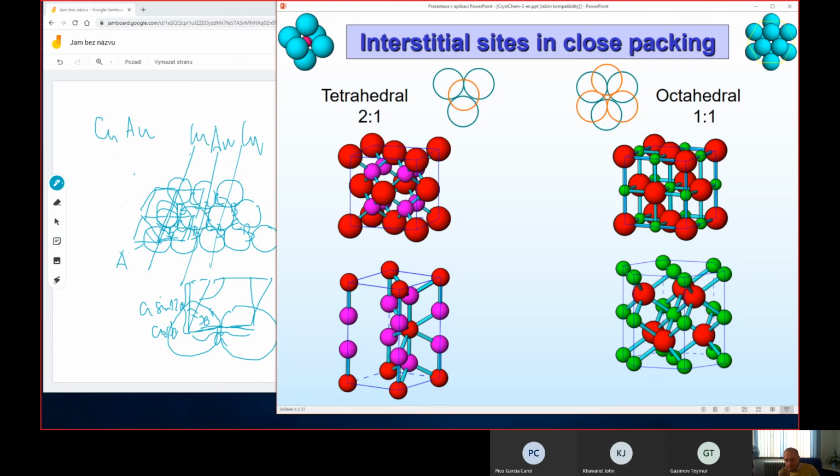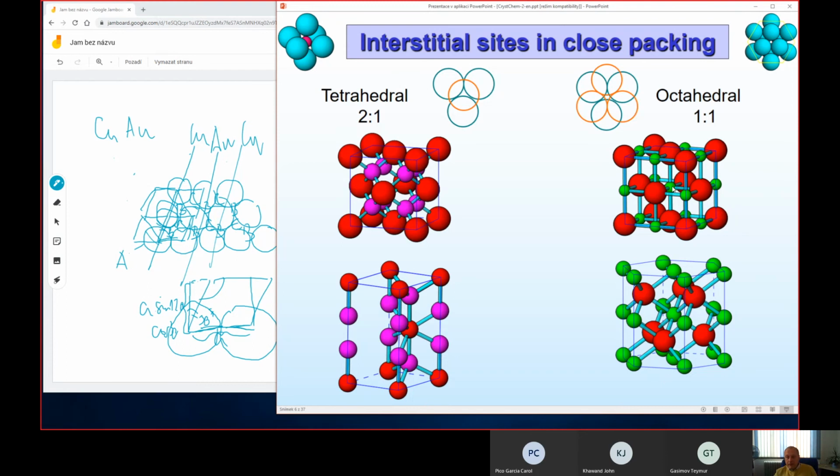So it is 1-to-1. And if you look at the arrangement of the atoms in octahedral sites, which are green, they also form an FCC lattice, which is just shifted by 1/2 of the unit cell edge. So these are in fact two interpenetrating FCC structures.